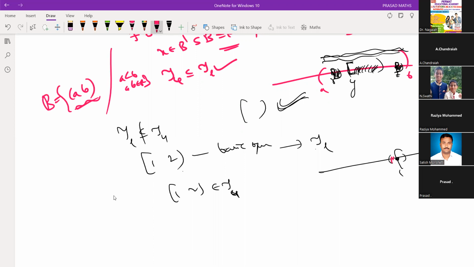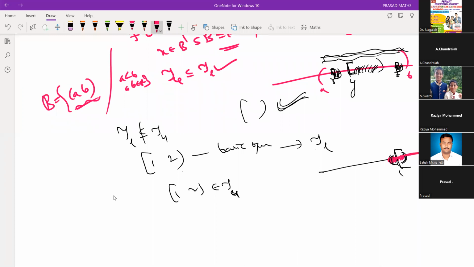Now my question: can you find a basic open set with respect to the usual topology which is contained in this region? No, because the left region is outside. This red region, the left region, is outside. Therefore, I can never find a basic open set with respect to the usual topology which is contained in this one.